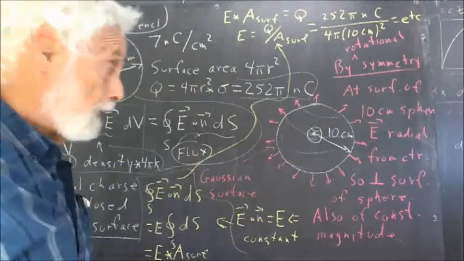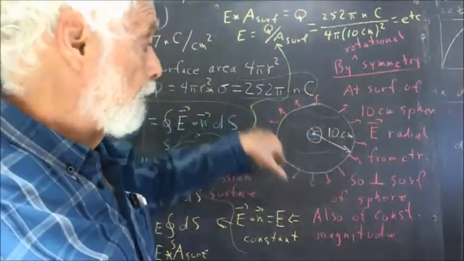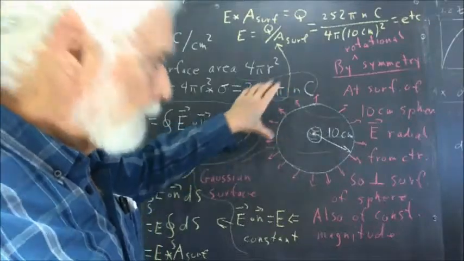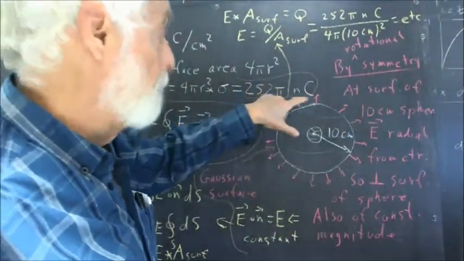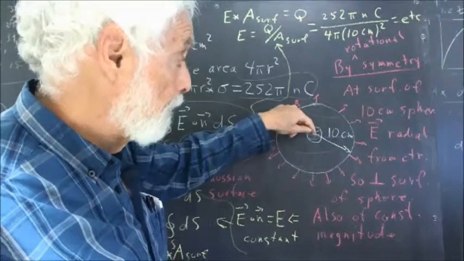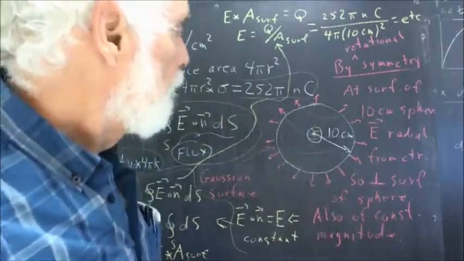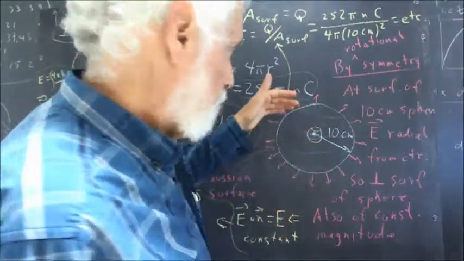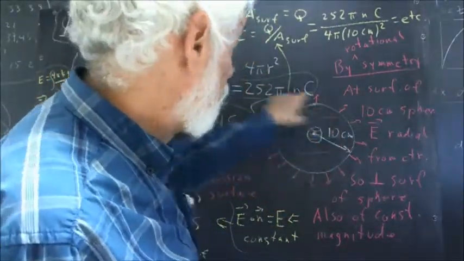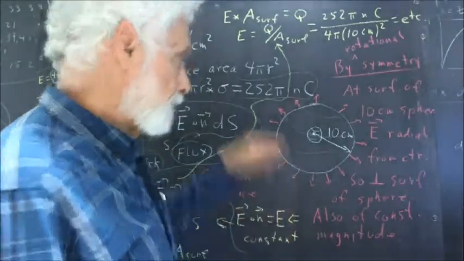Now, conveniently, in this case, if we draw a Gaussian surface of radius 10 centimeters, centered at the center of our charge-carrying sphere, the electric field is going to be both uniform on this surface and radial.